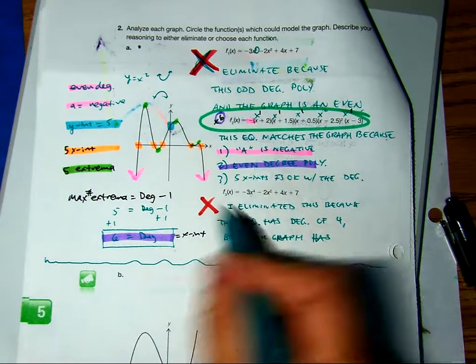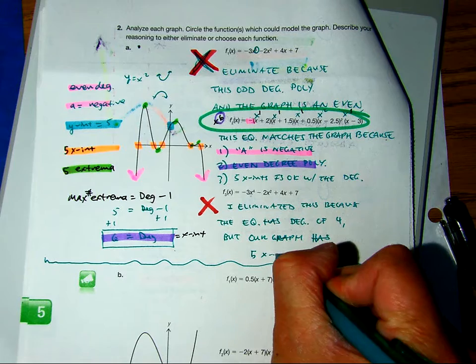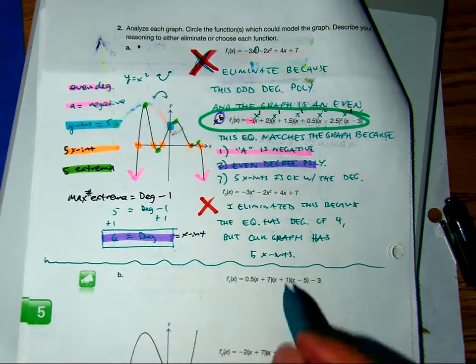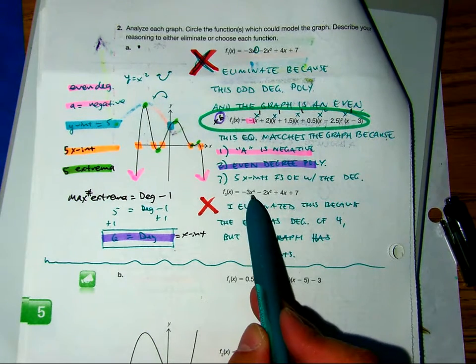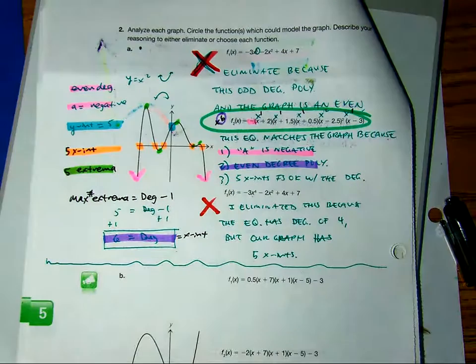Has 5 x-intercepts. Remember, it should match. It should have at least 5 or 6. But this is saying you should only have a max of 4. Does that make sense? So in this problem, we kept 1, eliminated 2. Do that by looking at all your characteristics.